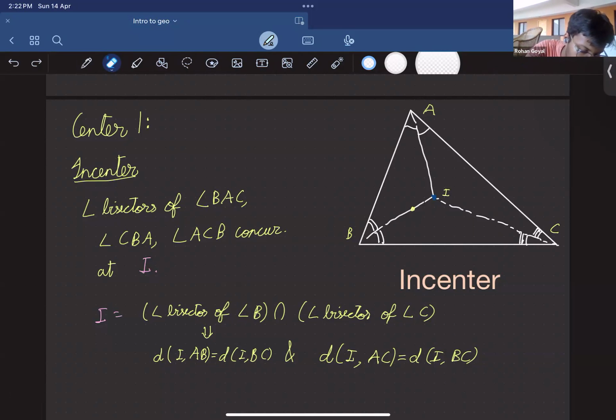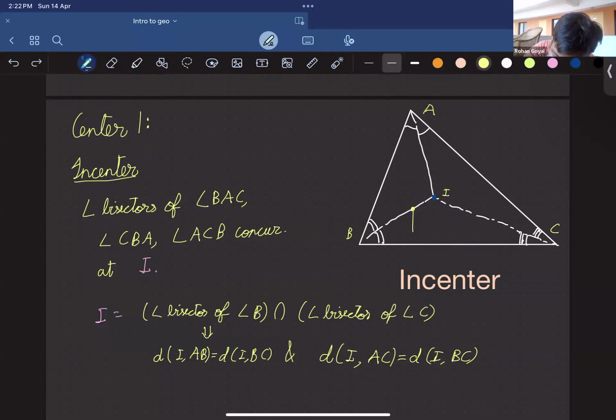Okay, I'm sorry, I keep doing this. That these two lengths are equal. Yeah.